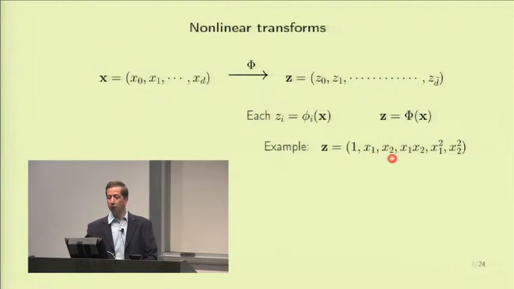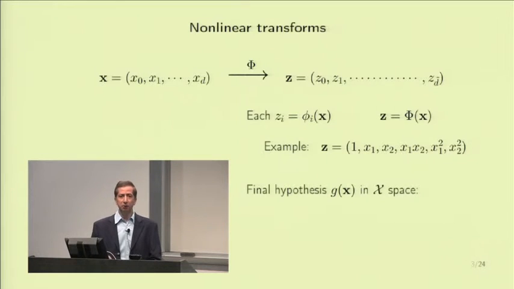And now if you put coefficients to each of these and sum them up, you will get a general second order surface in the X space. Now the final hypothesis for us will always live in the X space. The Z space is transparent to the user. This is our tool in order to get more sophisticated surfaces in the X space while we are able to use the linear techniques.